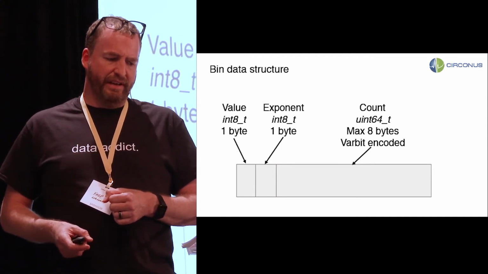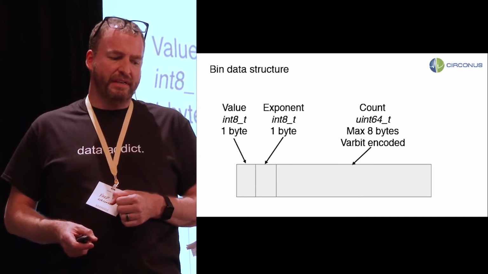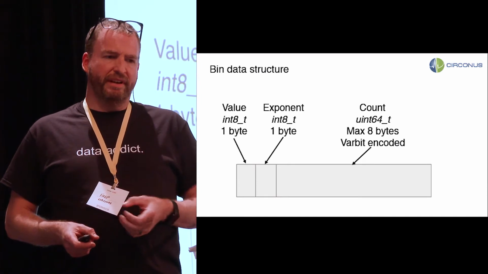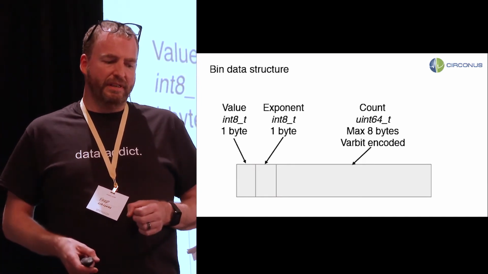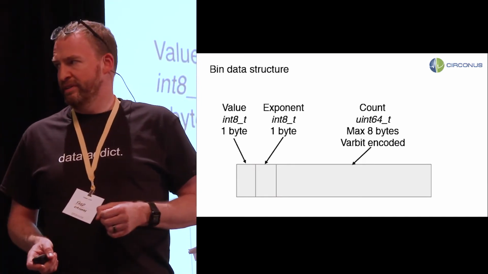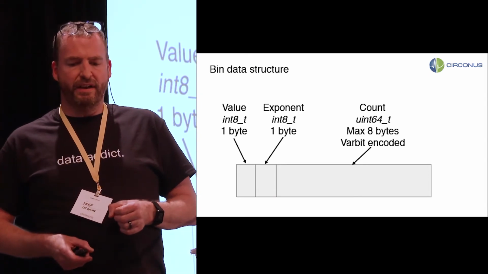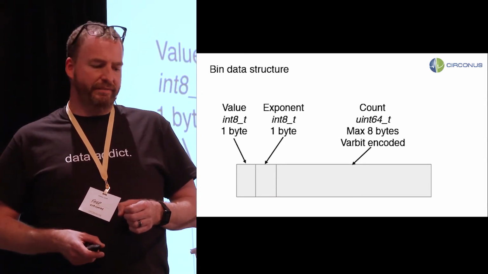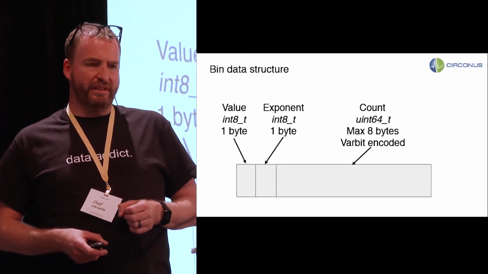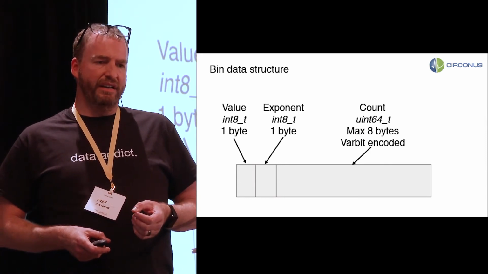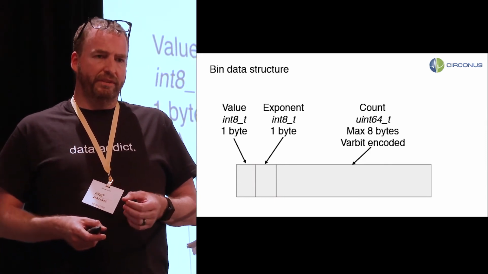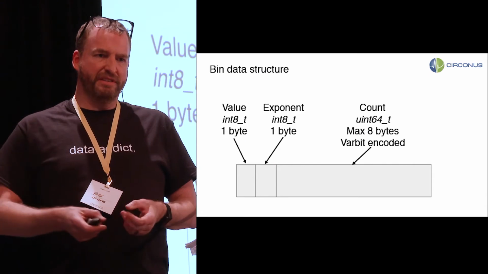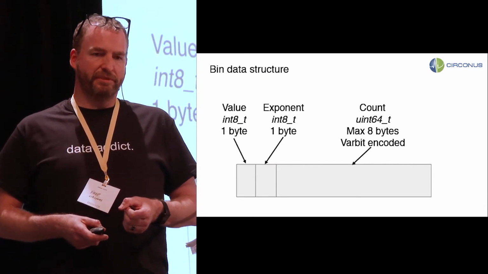So I've essentially allocated 2 bytes here for specifying a value and an exponent. The exponent does have a range of negative 128 to 127. So we can take very fractional, very precise fractional values represented in this histogram.